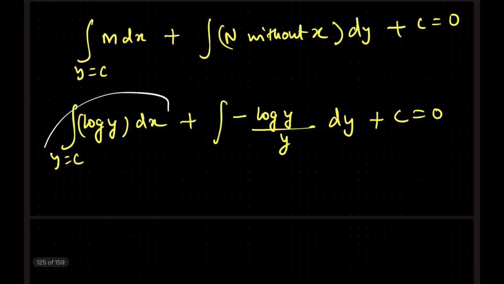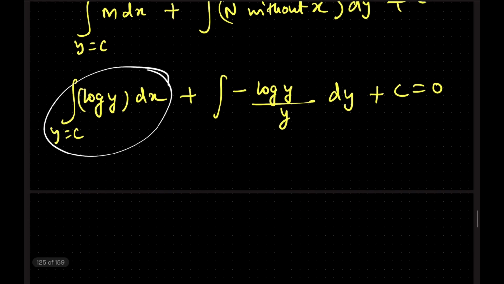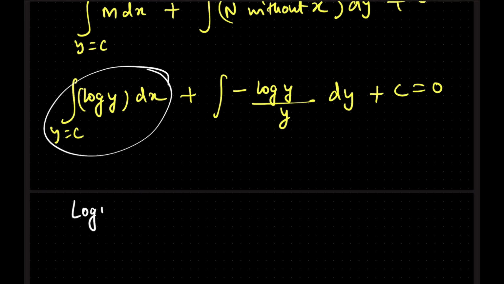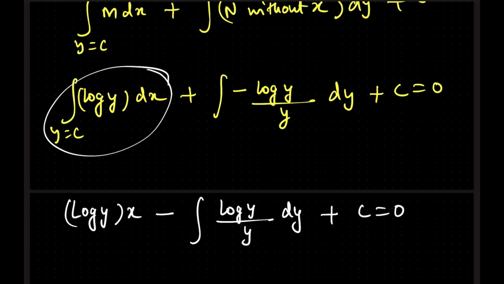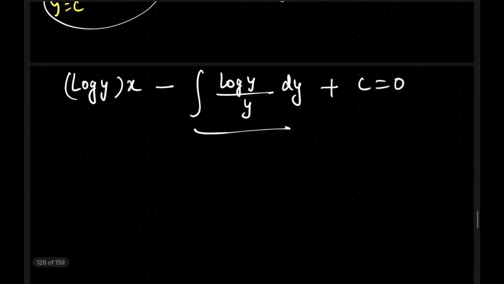This part is very easy because log y will come outside and inside you will get only 1, and it will give you x. So you will get log y into x minus integral of log y by y dy plus c equal to 0. So the only challenge is to solve this part.